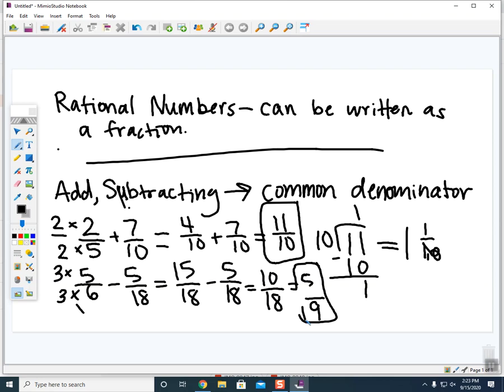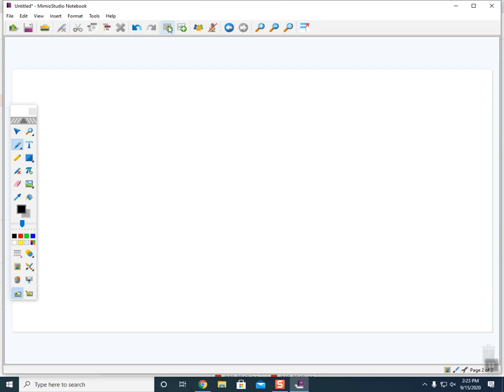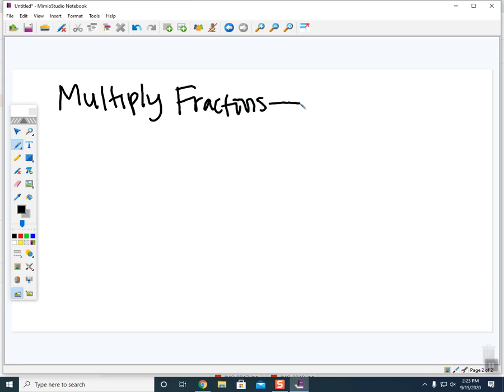If I'm adding or subtracting, I need to have a common denominator. Actually, let's do multiplying first. If I multiply fractions, all I need to do is multiply straight across.